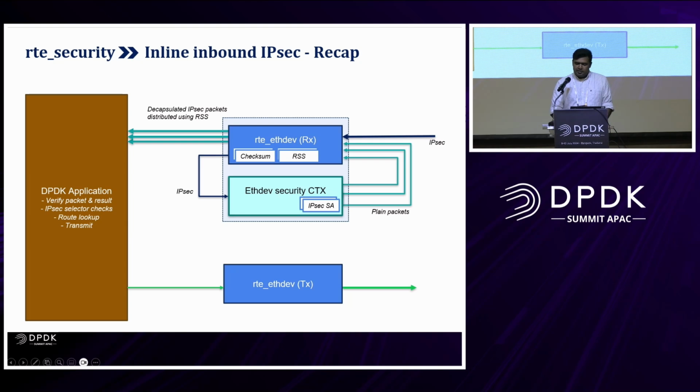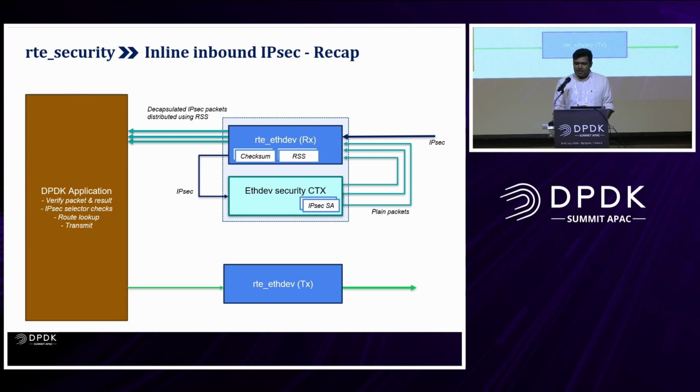With IPsec, it is quite possible that one tunnel can have multiple inner flows. So it could be carrying traffic between multiple peers, and one single IPsec tunnel can carry the complete traffic.